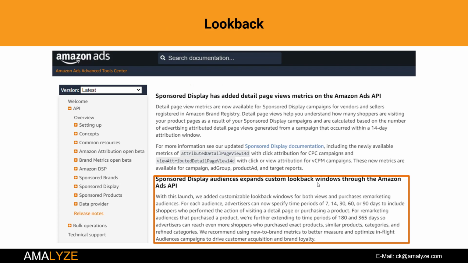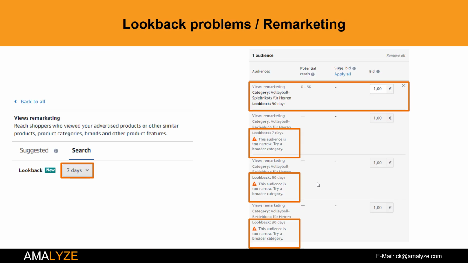Then in the last quarter of 2021, the look-back windows were offered by Amazon, which were really cool. They were also customizable from 7 up to 365 days. It depended on the specific advertising type on sponsored displays you were using.